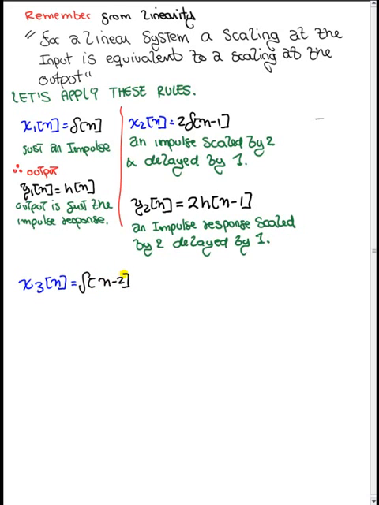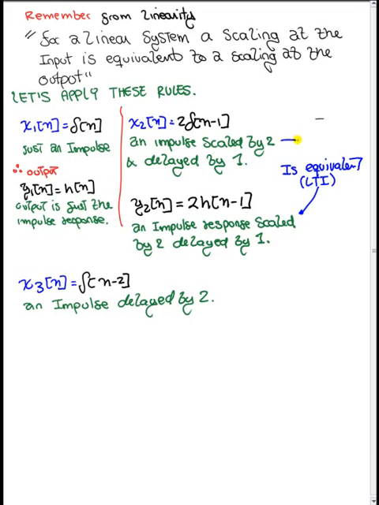This is just an impulse delayed by 2. So we can say it is equivalent, by linearity and time invariance: an input scaled by 2 and delayed by 1 is equal to the output scaled by 2 and delayed by 1.